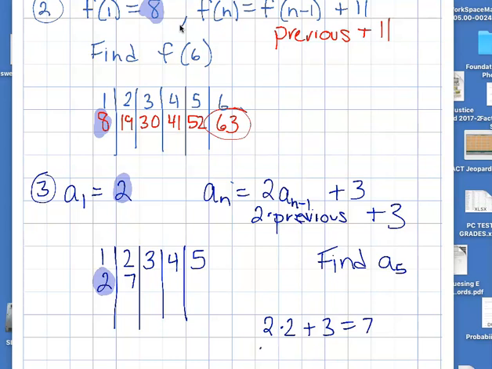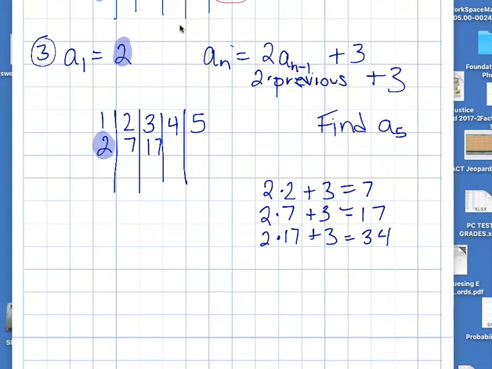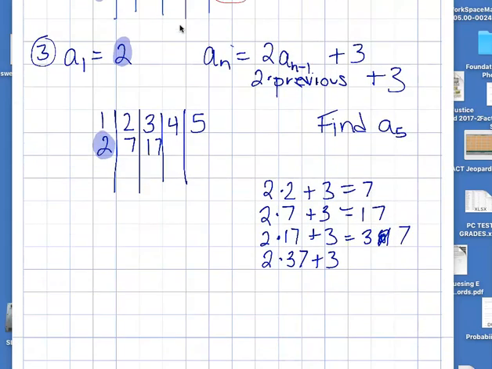To get the next one, 2 times your previous, 7, plus 3 is 17. Then 2 times your previous plus 3, so that's 37. Sorry guys, I forgot to put 34 in there. Let me redo it: 2 times 37 is 74 plus 3 is 75.